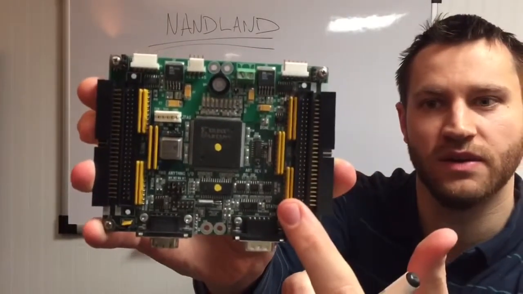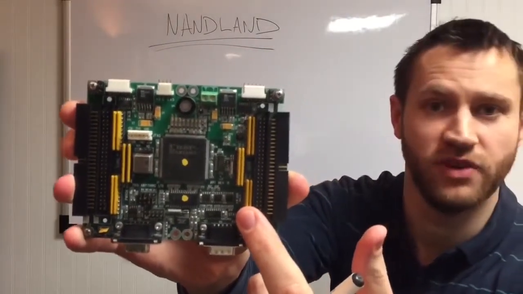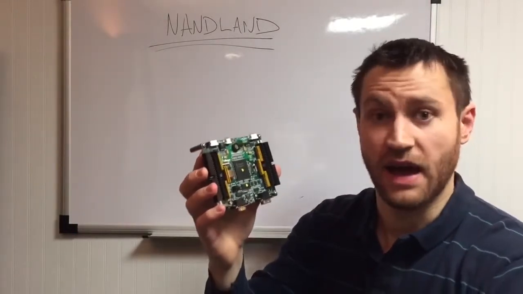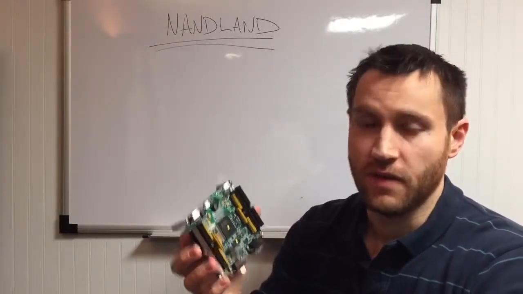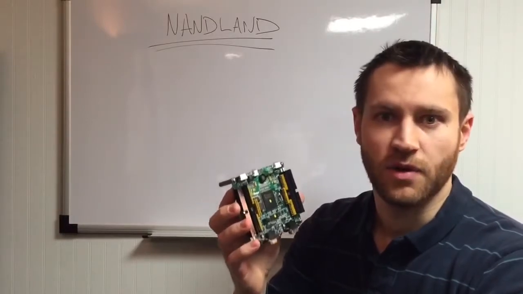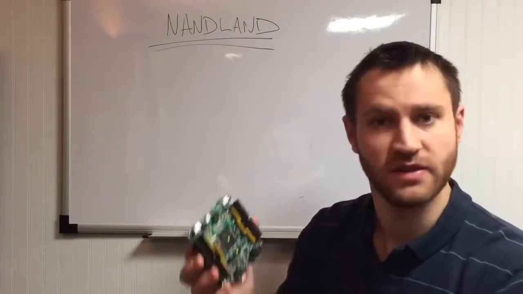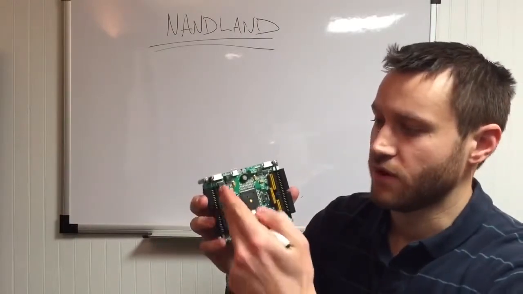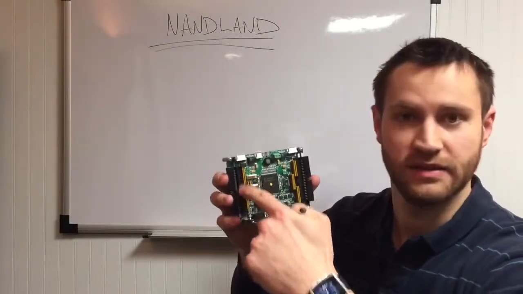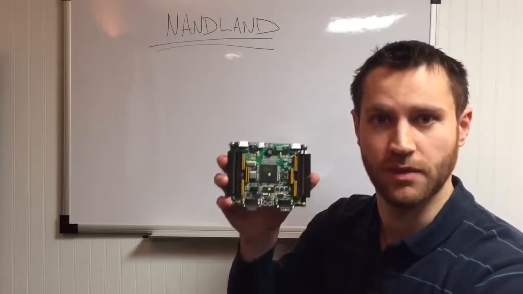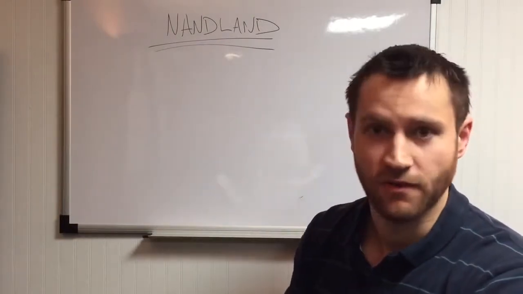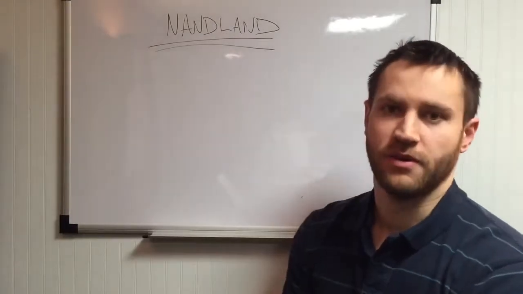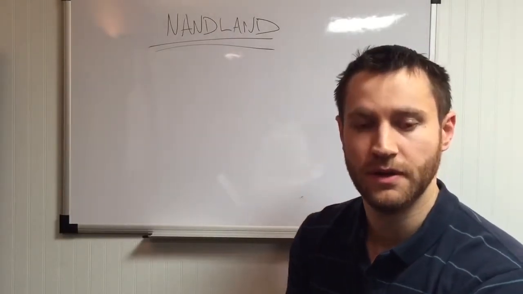The reason I point this out is that this is one thing that FPGAs are pretty good at: they have a lot of connections to the outside world. They have a lot of I/O. So if you have a lot of interfaces that you need to maintain for a particular project, FPGAs can be pretty good with that. This particular FPGA has over 100 pins brought out to connectors right on this one development board, but there are some that have over 1,000 pins, which is a very large number of pins to work with.